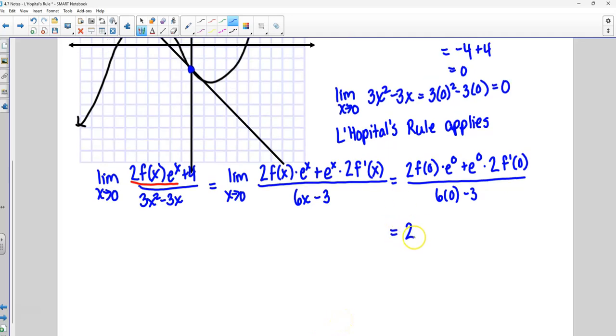And so f of 0, we already said, is negative 2. E to the 0 is 1. This e to the 0 is also 1 times 2. What's f prime of 0 going to be? It is negative 1. How do we know that, Michaela?